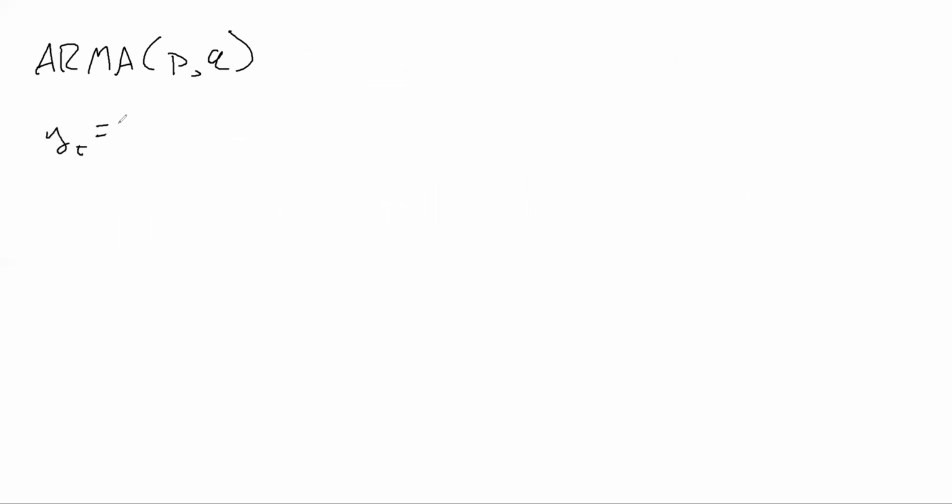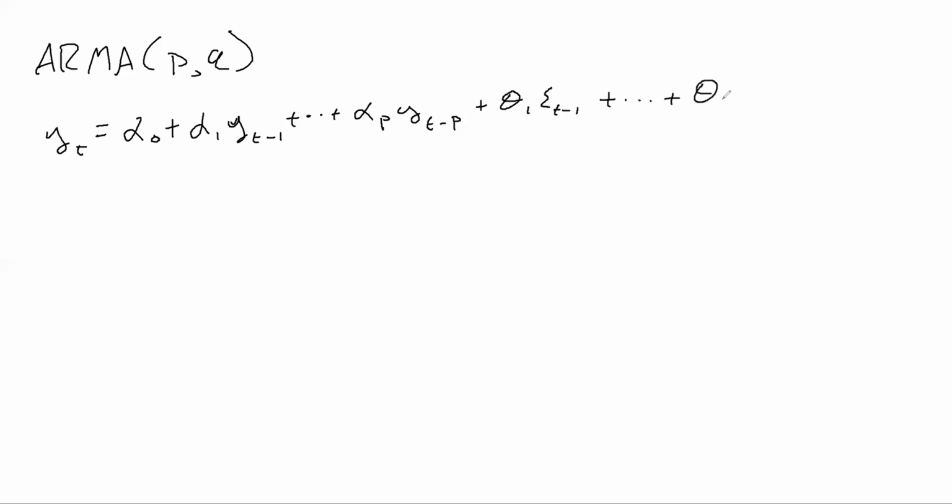So yt, I use alphas again for the AR part: alpha 0 plus alpha 1 times y of t minus 1, so y with 1 lag, plus all the way to alpha p times y of p lags, plus, let's do a theta 1 times the error lag 1, plus all the way to theta q times error of t minus q, plus our error t.